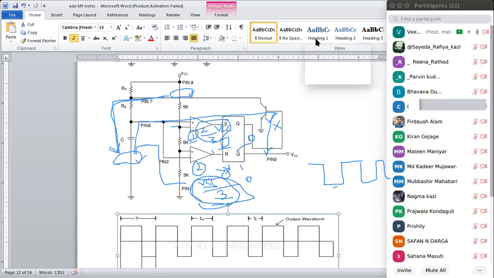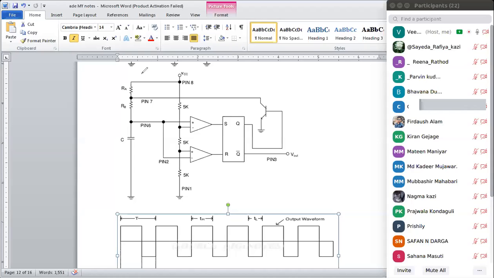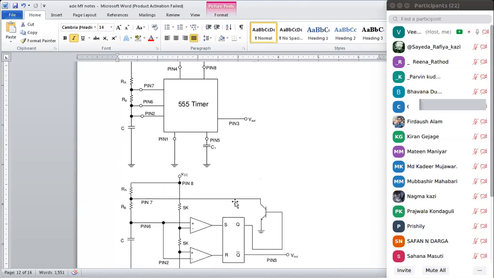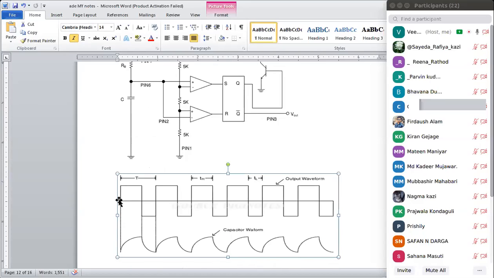So this is how we are configuring this 555 IC to generate a clock wave signal, clock pulse, or we can also call it a square wave signal, as it has a fixed waveform, fixed time duration between each clock cycle.